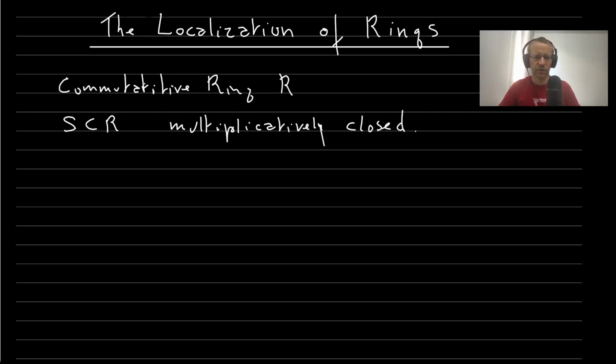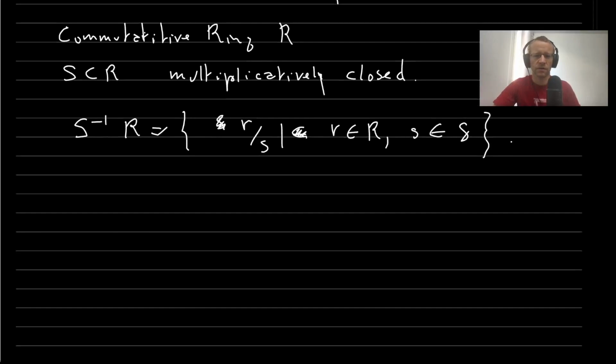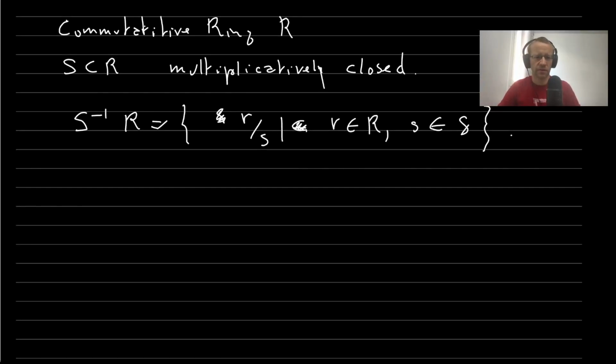So if S is multiplicatively closed, then we introduce a ring S^{-1}R, which consists of numerators in R and denominators in the multiplicatively closed set. So this is already familiar in the case where R is an integral domain.